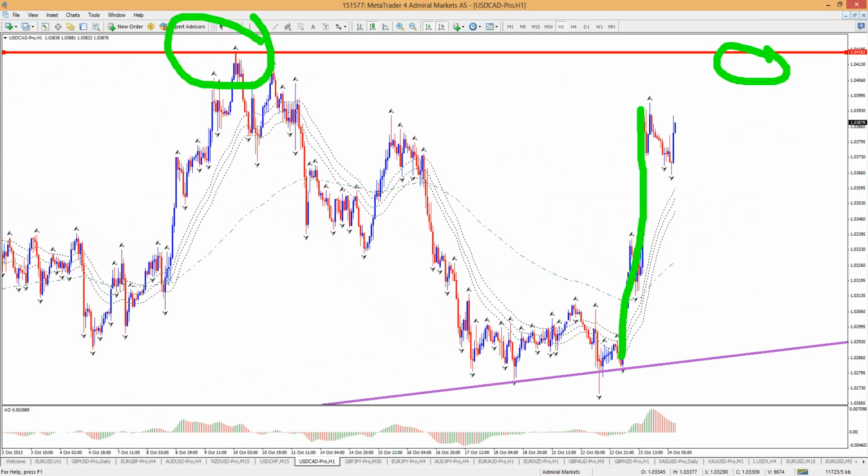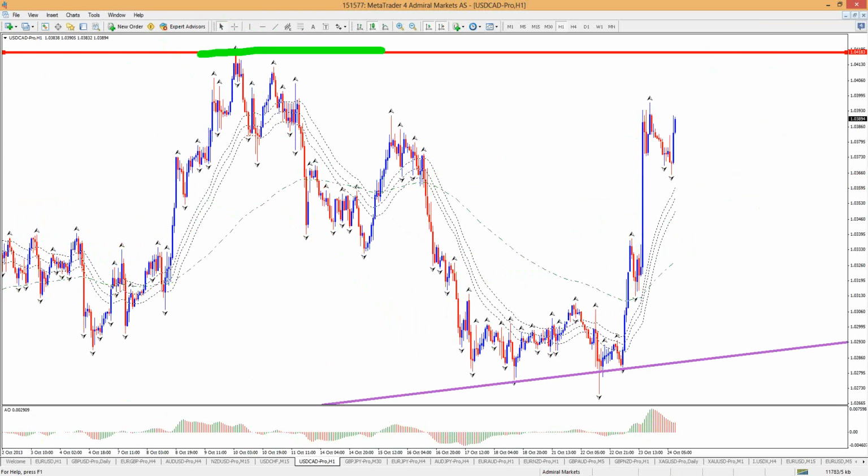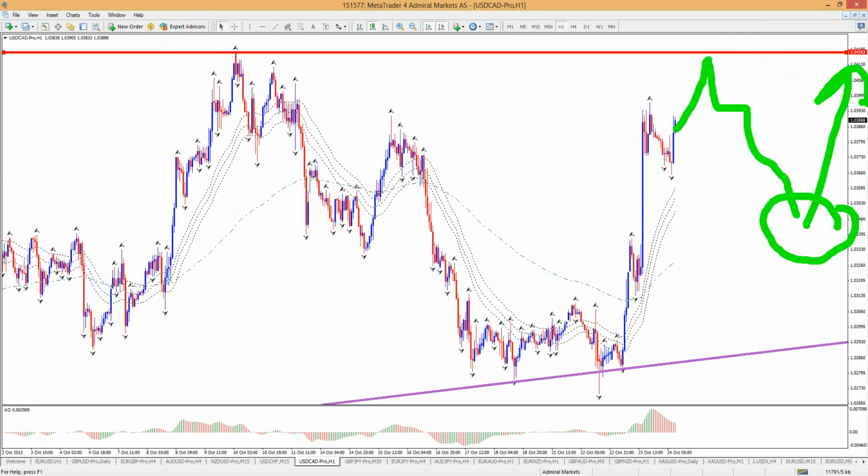Either we break above daily resistance, I make a bull flag, and I gladly take it to the upside, or we move up, we retrace, and a bounce from lower here to the upside could make sense. Otherwise, till one of those two scenarios unfolds, I'm not interested.